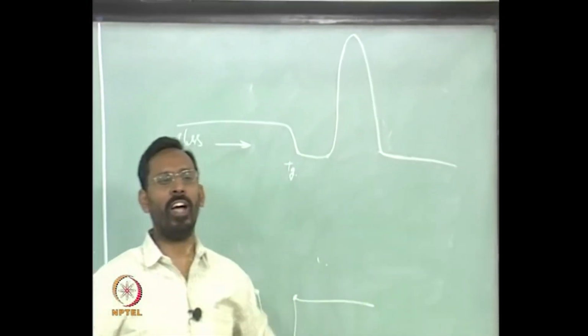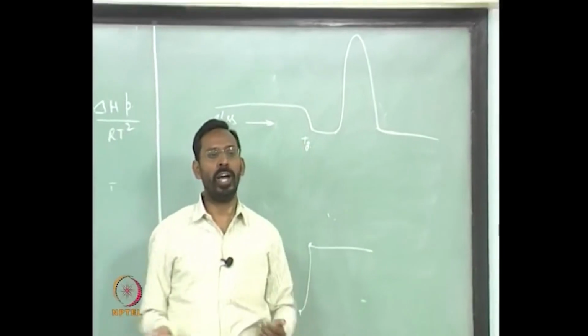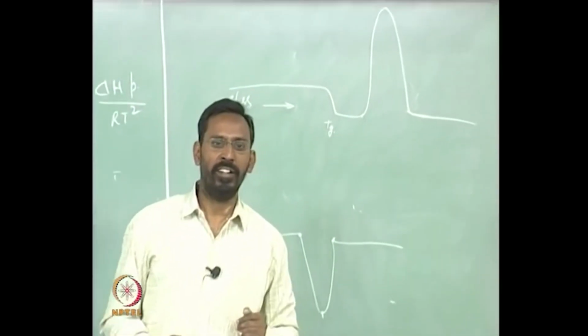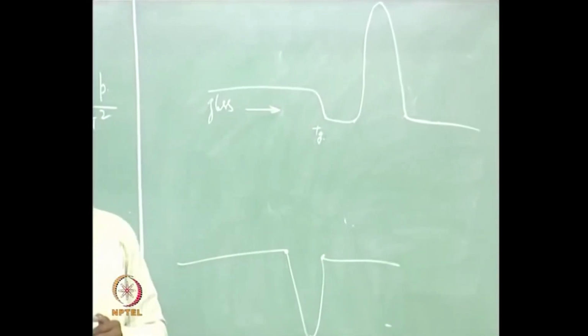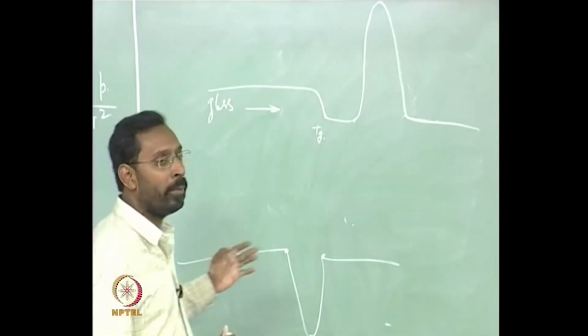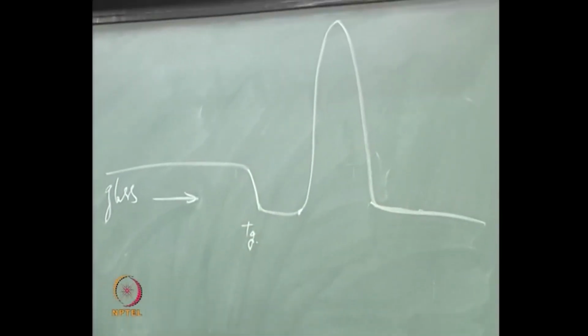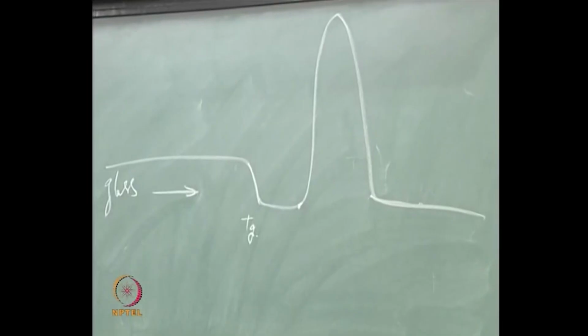Whereas for all others, for example, if I am taking pure iron and transforming BCC iron to FCC iron, the delta H is very small, and when the delta H is very small, many a time this peak is going to be very broad, particularly if you are talking about a cold worked material.